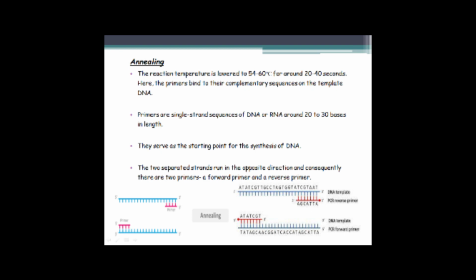Primers are single-stranded sequences of DNA or RNA around 20 to 30 base pairs in length. They serve as the starting point for the synthesis of DNA. The two separated strands run in the opposite direction and consequently there are two primers, a forward primer and a reverse primer. Down here you can see the image.